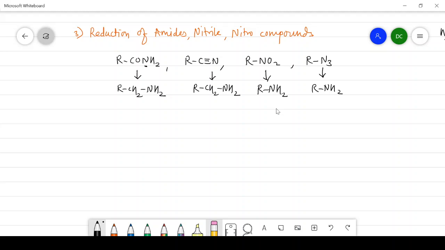But in the case of an aromatic nitro compound, there is a formation of diazo compound. Here there is also a conversion of azide into NH2 group. So let's take a simple example of RCONH2. Here we will write CH3CONH2, acetamide.